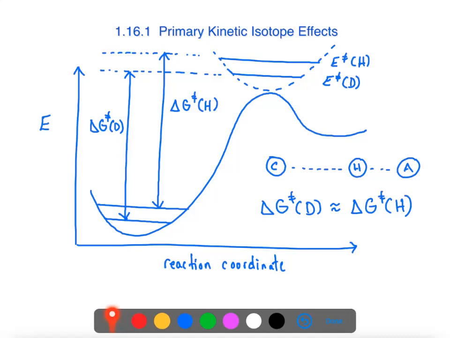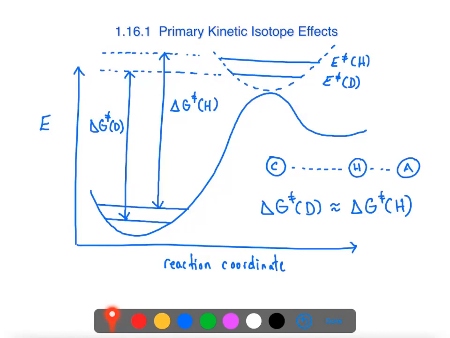Now, when we look at the 0-point energies of the reactant, again, we expect the 0-point energy of the CD bond to be lower than the CH bond due to the greater mass of deuterium compared with that of hydrogen. Similarly, when we look at the transition state structure, the transition state energy associated with the nearly developing AD bond lowers to the same extent when compared to the developing AH bond.